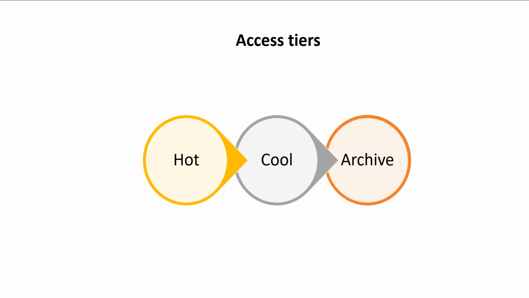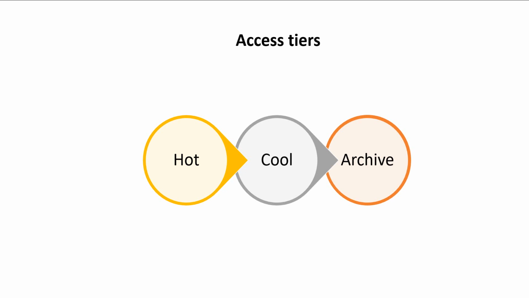For the access tier, Azure Storage offers different access tiers, allowing you to store blob object data in the most cost-effective manner available. In this way, the hot tier is optimized for storing data that is accessed frequently.